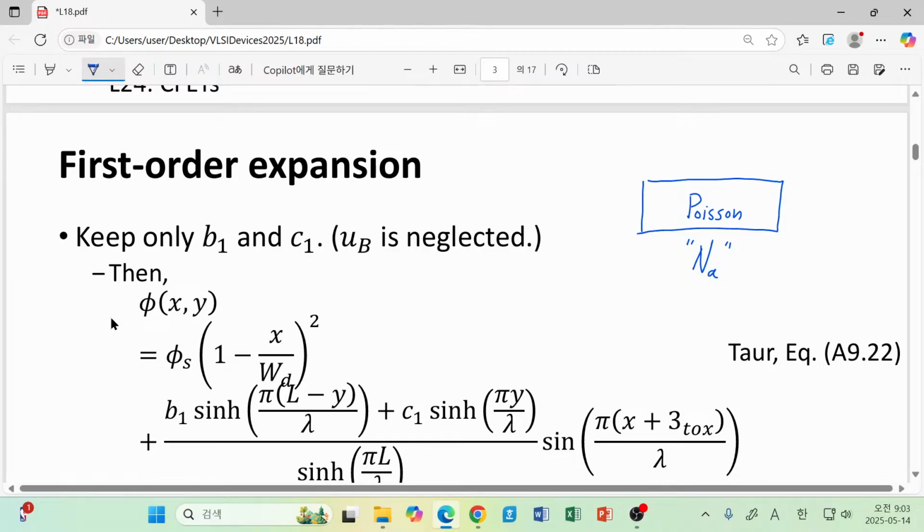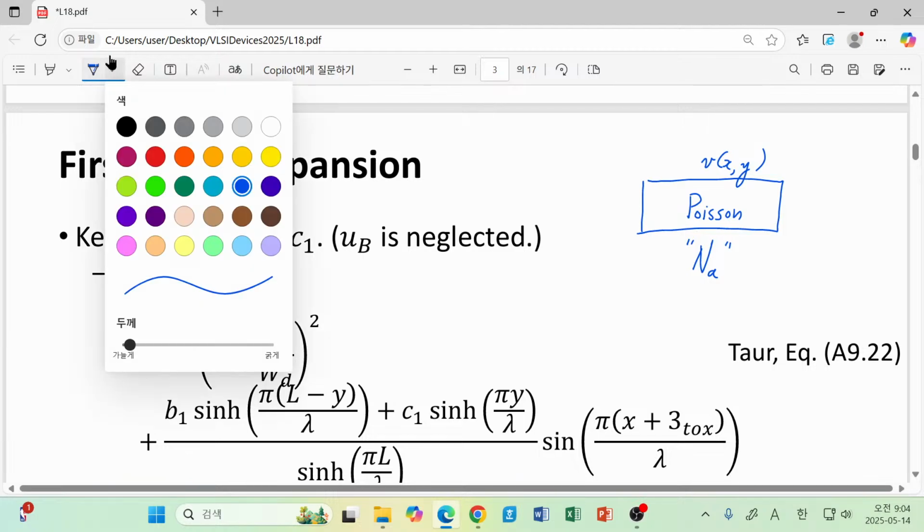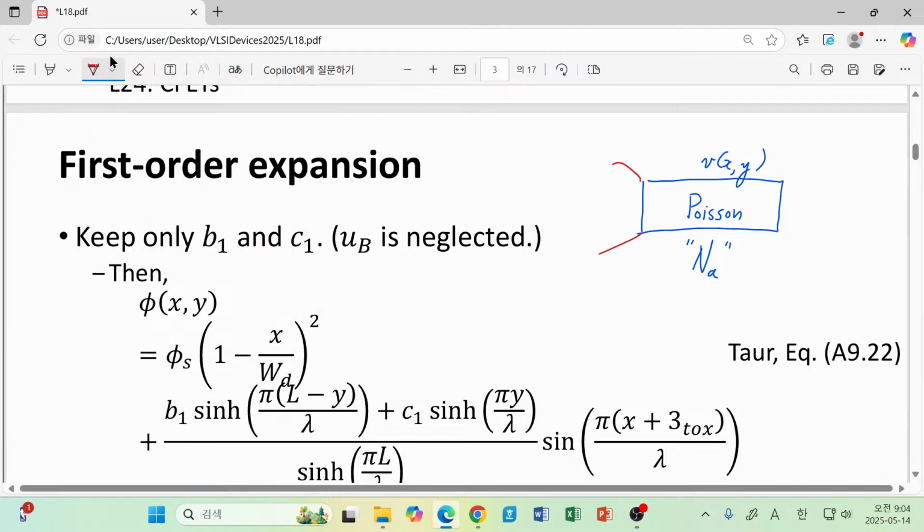That was consumed by our test function V of x and y, corresponding to the long channel MOS capacitor, and the impact of a source and drain is taken by the left side function and right side function, which take the impact of our source voltage and drain voltage.